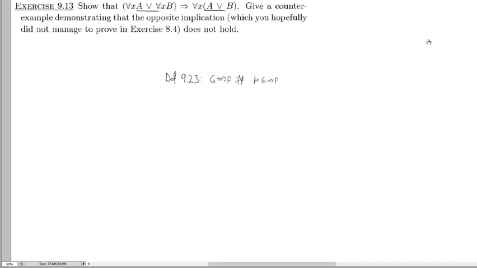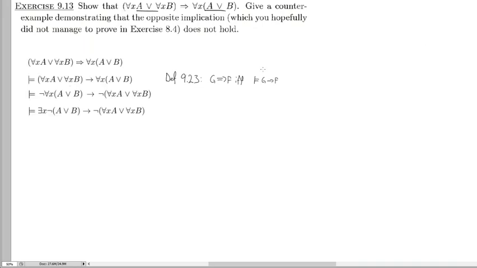So we'll just rewrite what we're going to show. By definition 9.23, we have gone from this line to this line. And now we can further rewrite it by changing up the implications a bit.